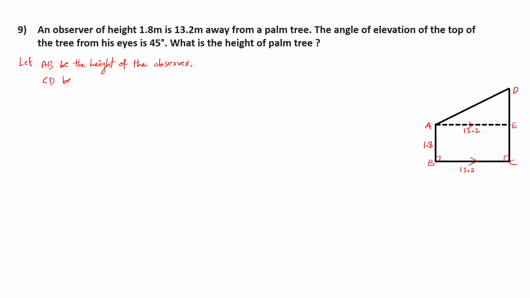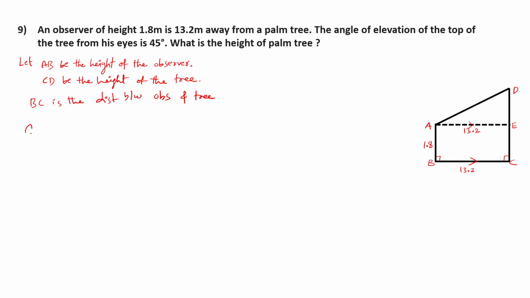CD. Let CD be the height of the tree. Next, BC is the distance given in the question, the distance between the observer and the foot of the tree.